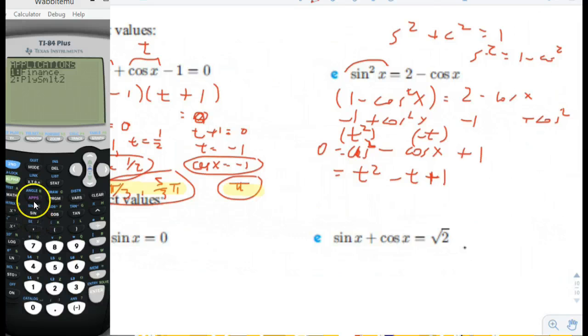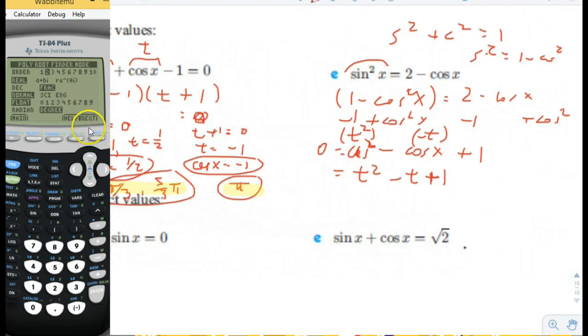So we press apps, and then we select 2 for poly-SMLT. Maybe you have a lot more equations in your calculator than that. And then we go to poly root finder, and then we have a second order equation.